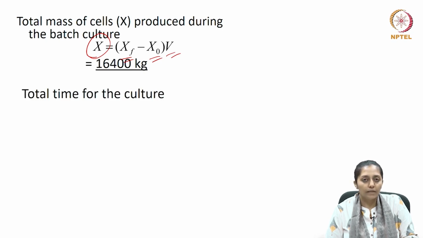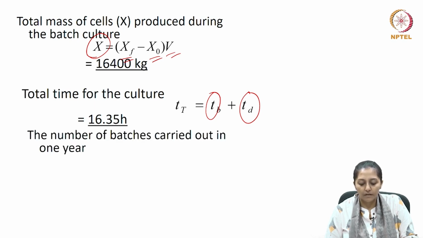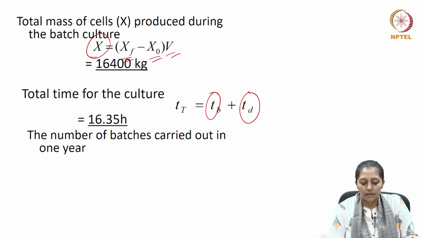Now, the total time before we run the second batch will be the batch time plus the downtime. We know the batch time, and we have been given the downtime in the problem. So, we will add the batch time with the downtime, and it turns out to be 16.3 hours as the total time.